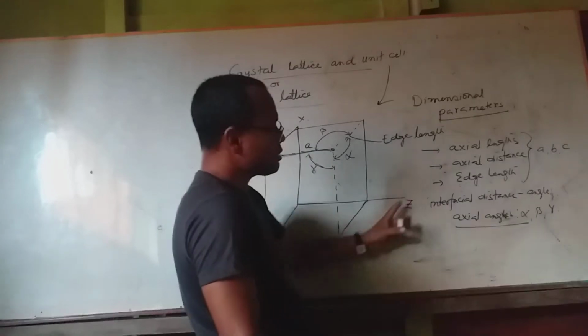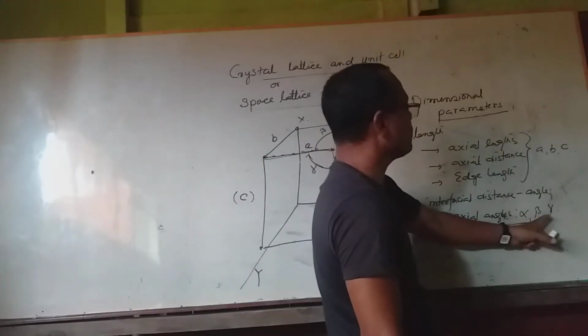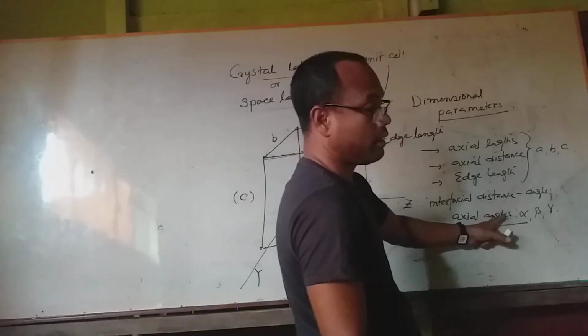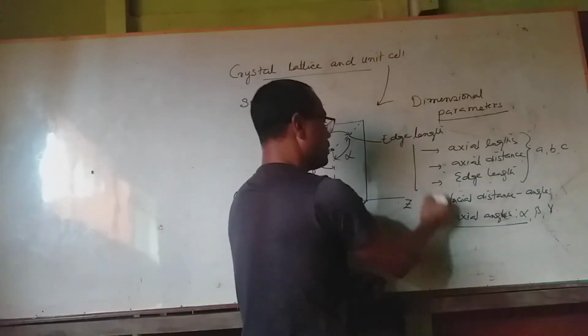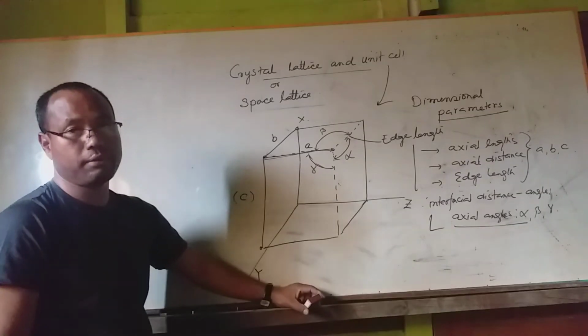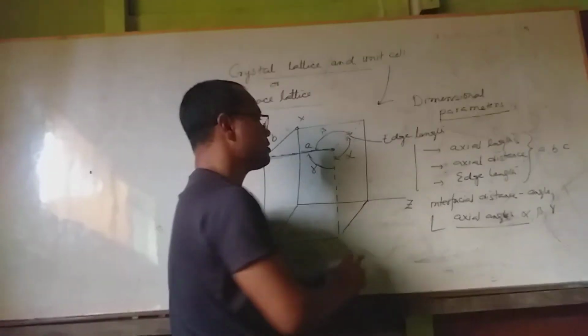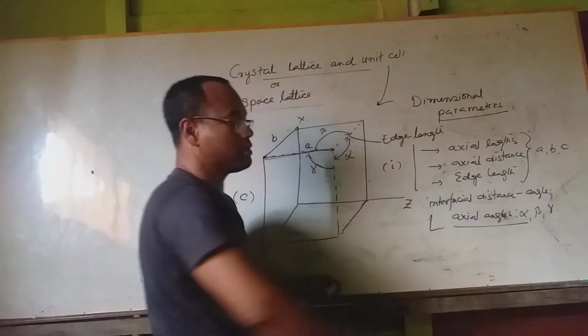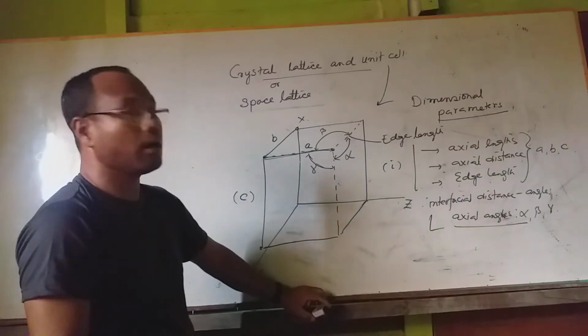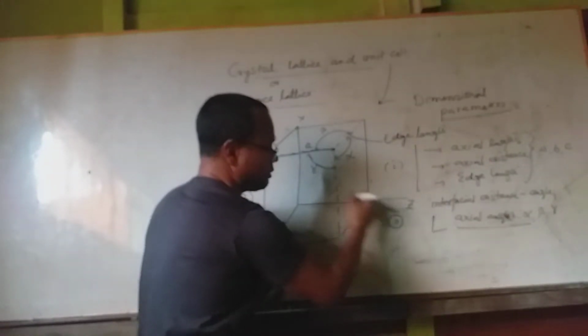And what are axial angles? Alpha, beta, gamma are the axial angles. So these are the dimensional parameters. How many dimensional parameters do we have? There are 2. Number 1 is axial length or axial distance. The other dimensional parameter is the axial angles.